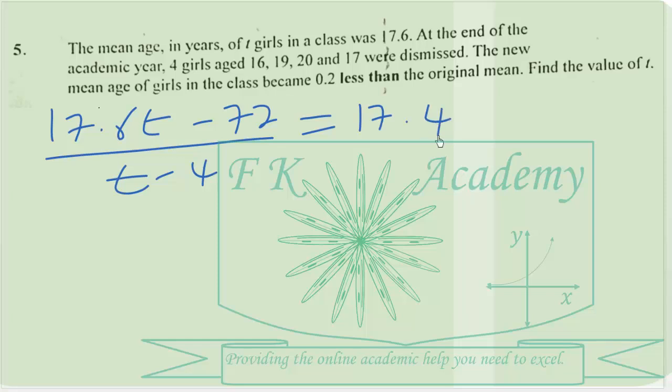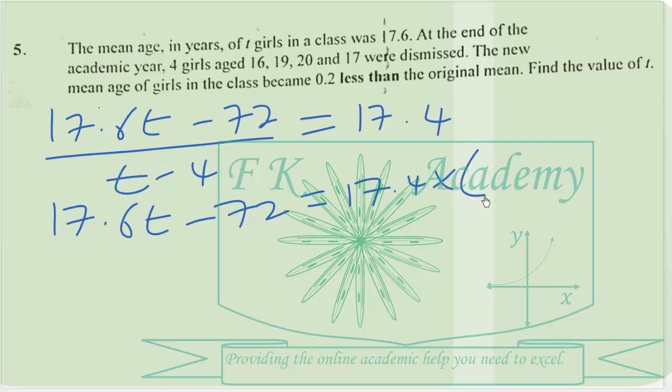So we have to solve this linear equation. We cross multiply. So we have 17.6t minus 72 is equal to 17.4 times t minus 4.